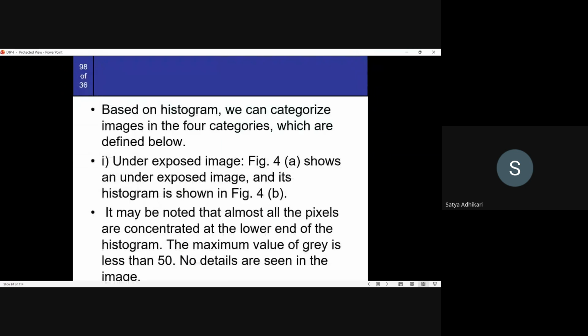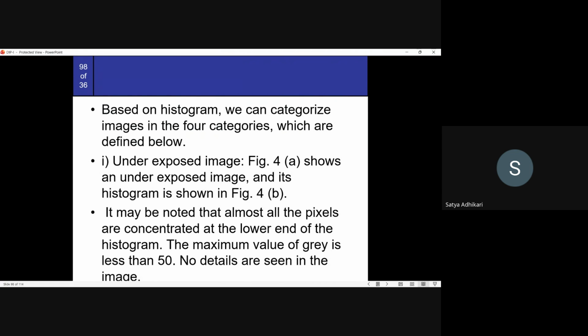Based upon the histogram, we can categorize the image into 4 categories, which are defined below. Underexposed image: the figure shows an underexposed image and its histogram is shown in figure B. It may be noted that almost all the pixels are concentrated at the lower end of the histogram.